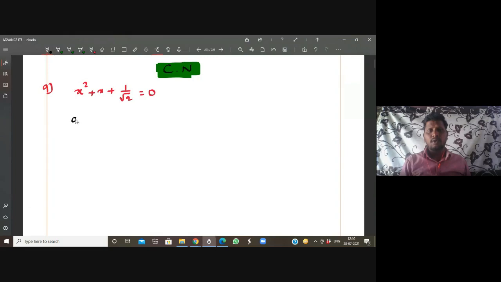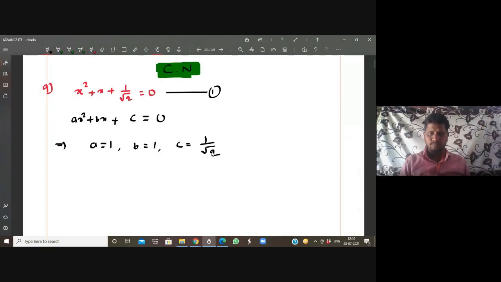Okay, now I'm going to compare with ax square plus bx plus c is equal to 0. So in NCERT, how will you write? Let us take this as equation 1. Comparing with the general form ax square plus bx plus c is equal to 0, we are going to get a is equal to 1, b is equal to 1, c is equal to 1 by root 2.